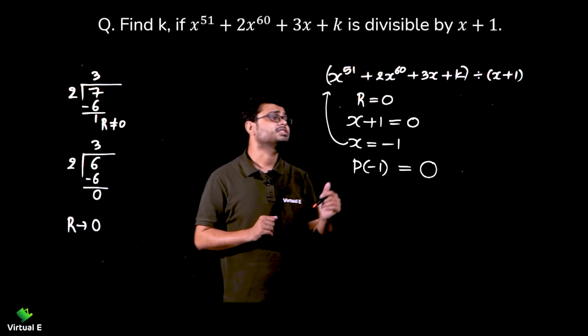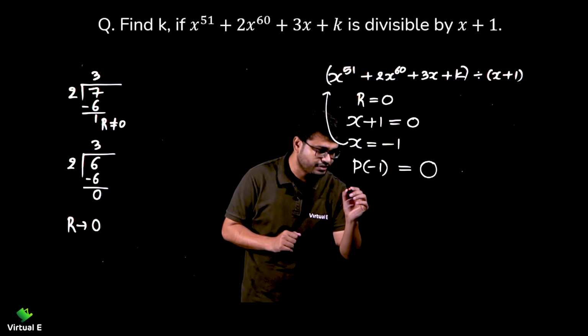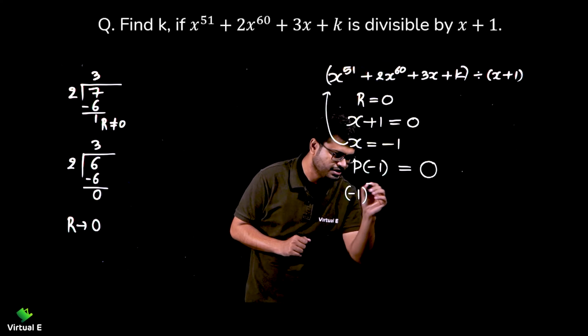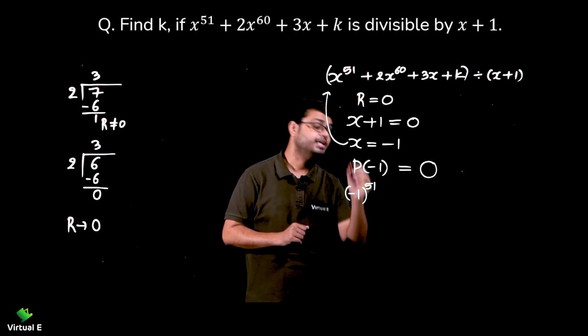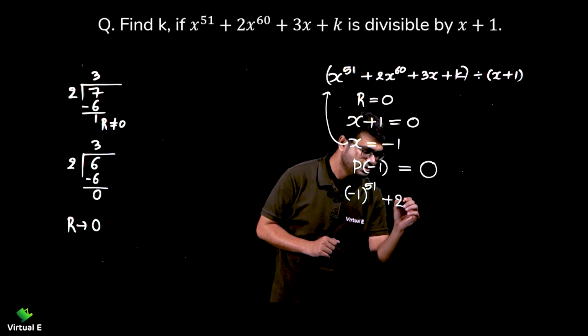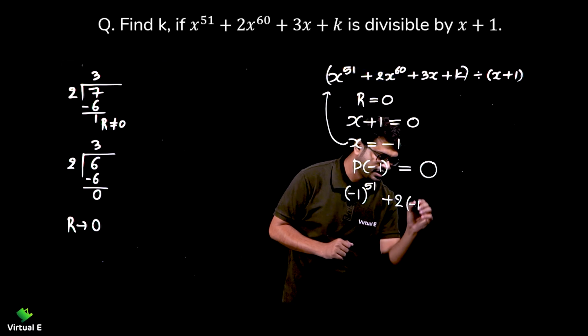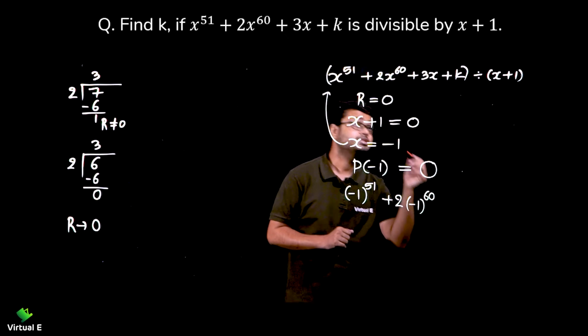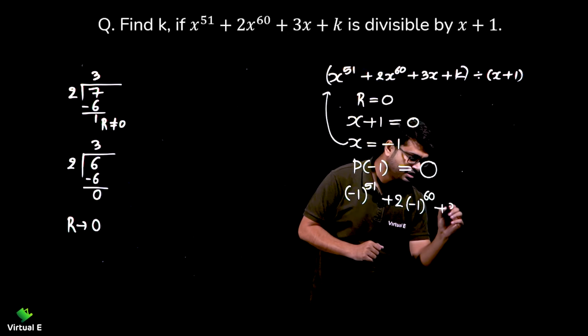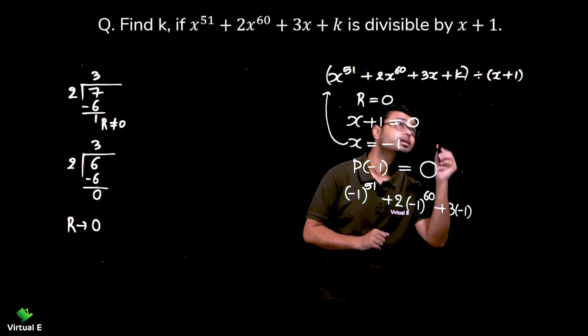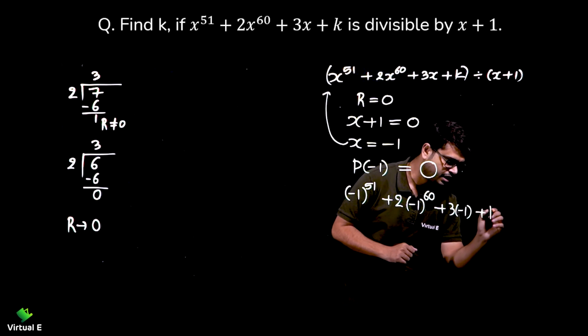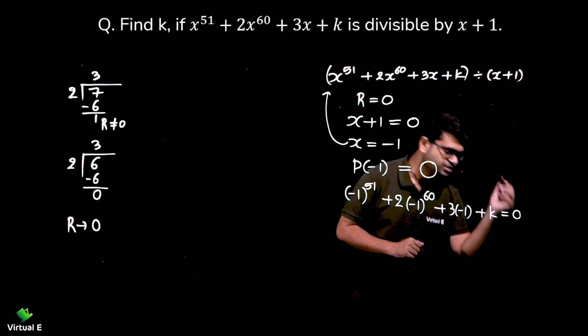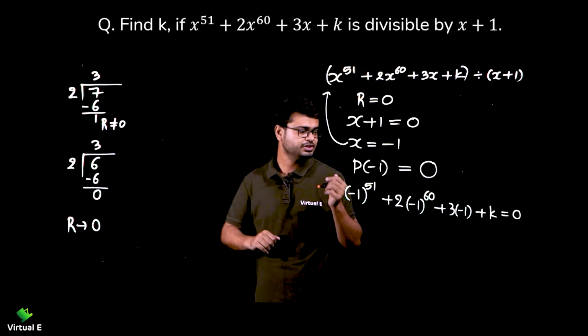Now let's start with this substitution. x raised to 51, so minus 1 raised to 51. Then plus 2x raised to 60, so here we can write minus 1 raised to 60, plus 3 into minus 1, plus k is equal to 0. Now let's solve this.